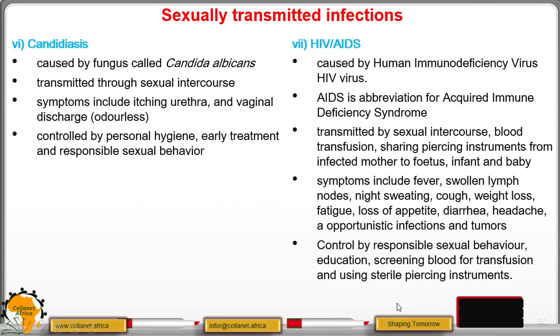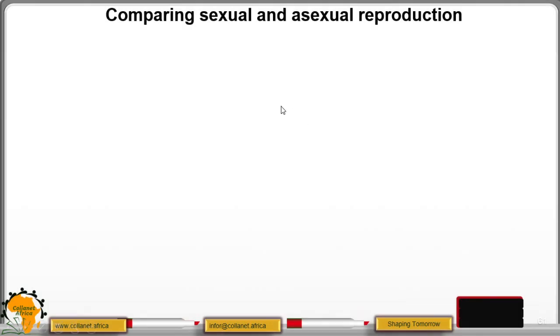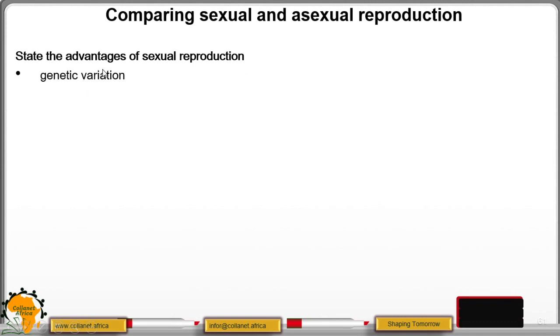HIV and AIDS. Then lastly, we want to look at sexual and asexual reproduction, and what are the advantages of sexual reproduction. First, it leads to genetic variation, because in sexual reproduction we have the union of the male and female nuclei, both of which have differences. Then there is greater adaptability to the environment by the offspring, because different genes have been combined.